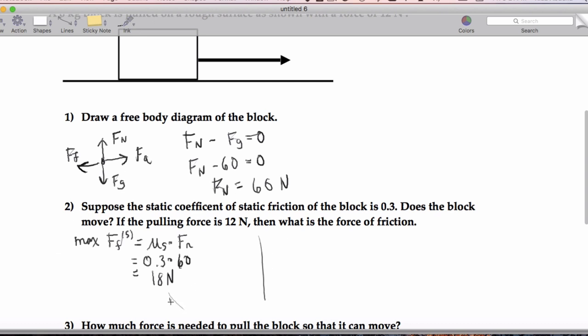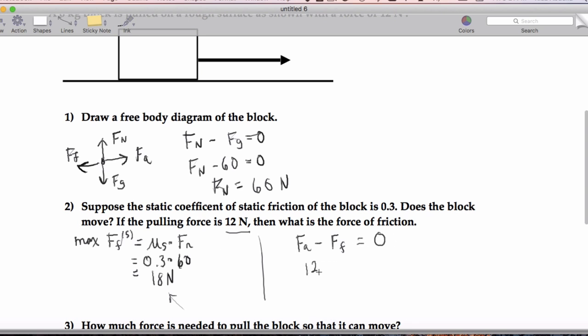Now we look over here and compare. We can generate 18 newtons of friction to match the pushing force, but we only have 12 newtons worth of pushing force. So when I push with 12 newtons, the friction force can at least match 12 newtons, which it will do in this case.